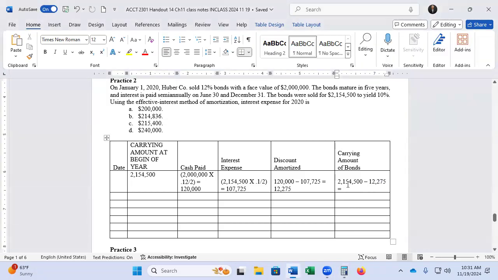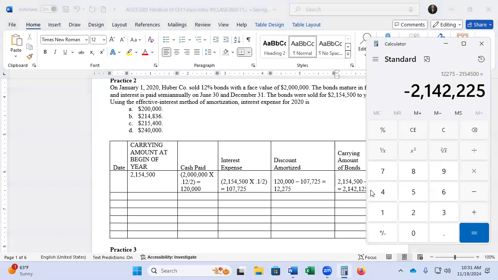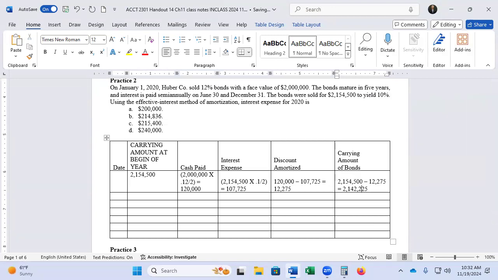And we get 2,142,225, sorry. Okay, so that's 6 months interest expense, right? So now we have 2,142,225. We know we're paying 120,000. And then we have the 2,142,225 times 0.1 divided by 2.